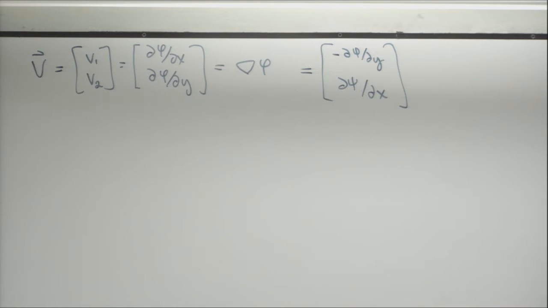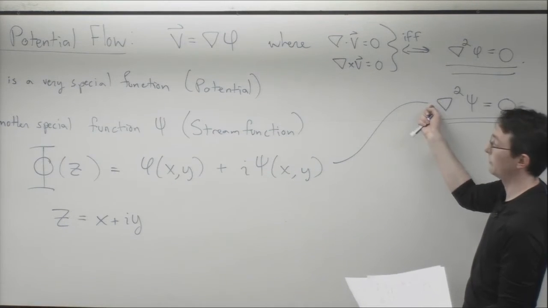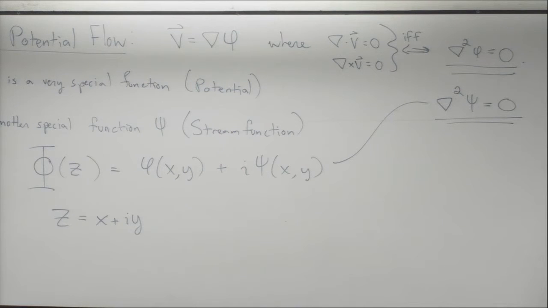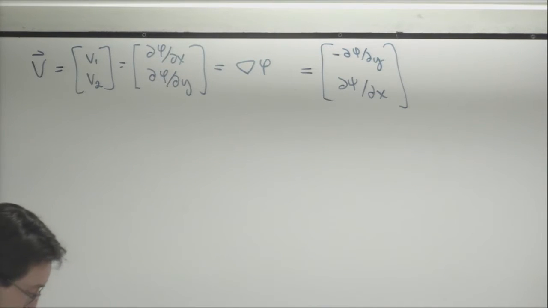If I have this complex valued potential function that can be broken up into a scalar real valued potential plus i times a scalar real valued stream function, and both of these functions satisfy Laplace's equation, then this is also true. Then I can get my velocity field (v1, v2) either from my potential or from my stream function, just by taking partial derivatives.